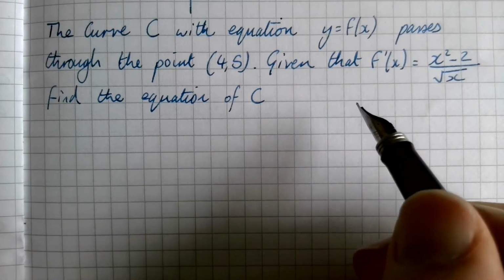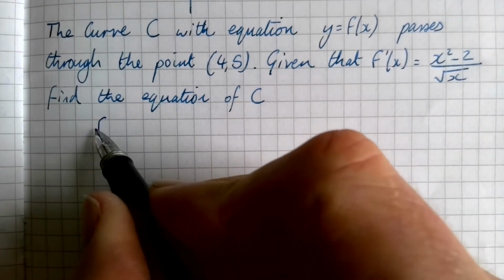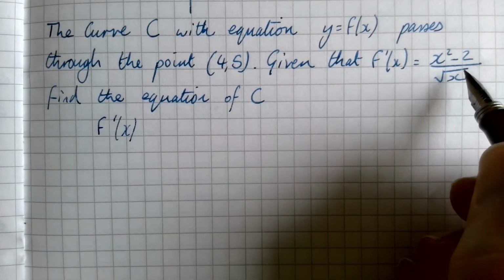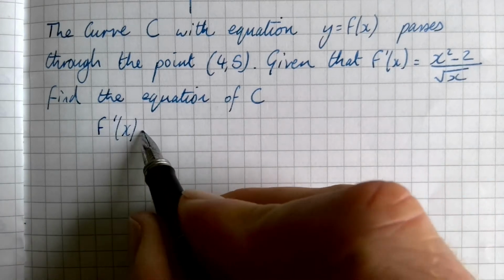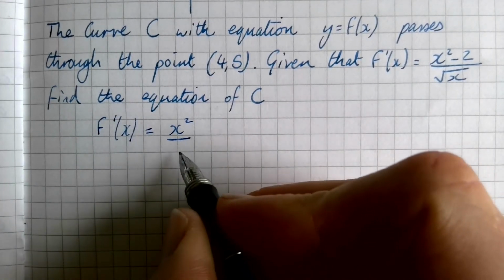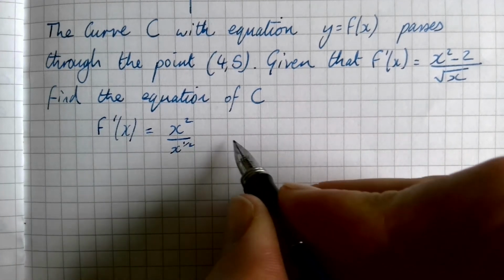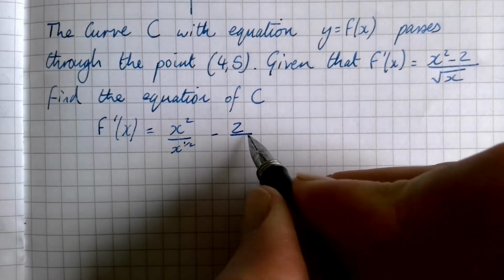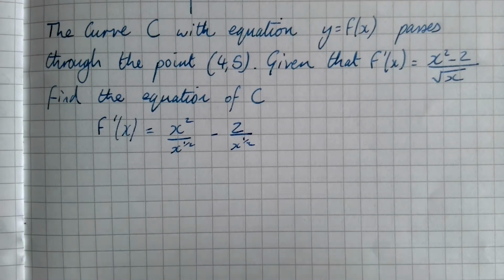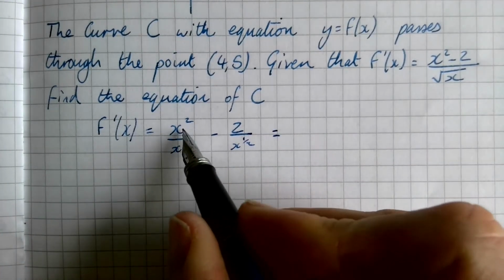Now, first of all, we know that what we want to integrate is that. So let's write that down, but we want to split the denominator here so that we've got x squared over the square root of x, which is x to the power a half, isn't it? And then you've got 2 over x to the power a half, and then we want to think about how we change that into a single power of x.